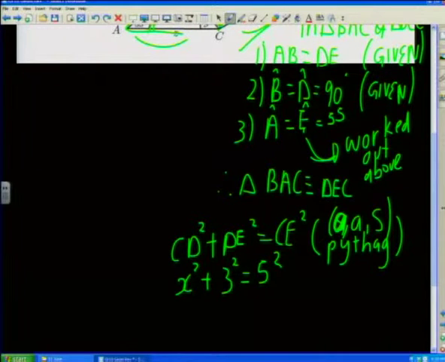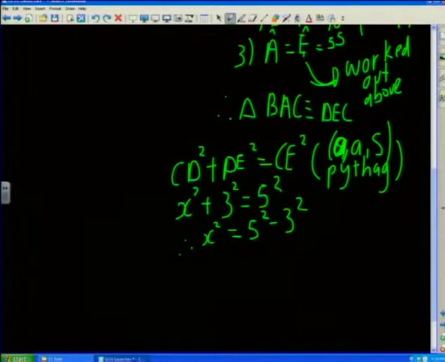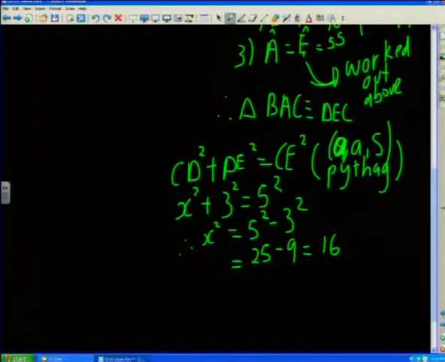So if I want x squared, I subtract 3 squared from both sides, so I get 5 squared minus 3 squared. So I'm going to get 25 minus 9, which is 16. So if x squared is equal to 16, square rooting both sides, I'd get x is equal to 4.